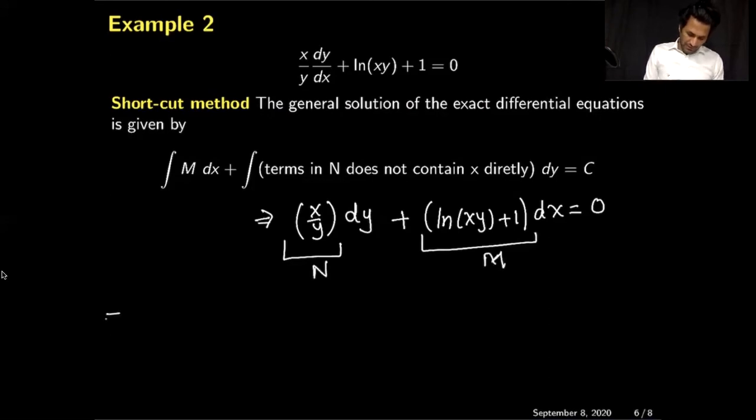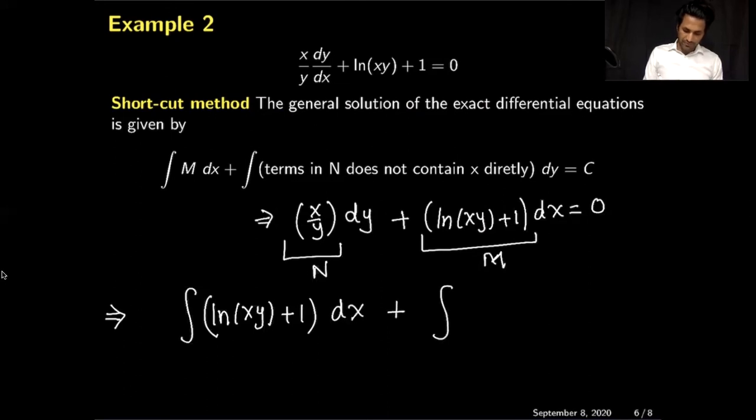So how to write down the solution? First you integrate the term M with respect to x. So natural log of y plus 1, we will integrate this one with respect to x. And we will integrate the N term which does not contain x directly.